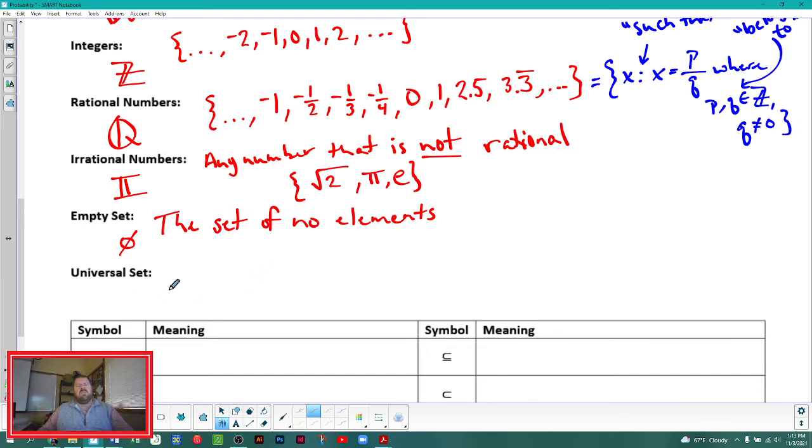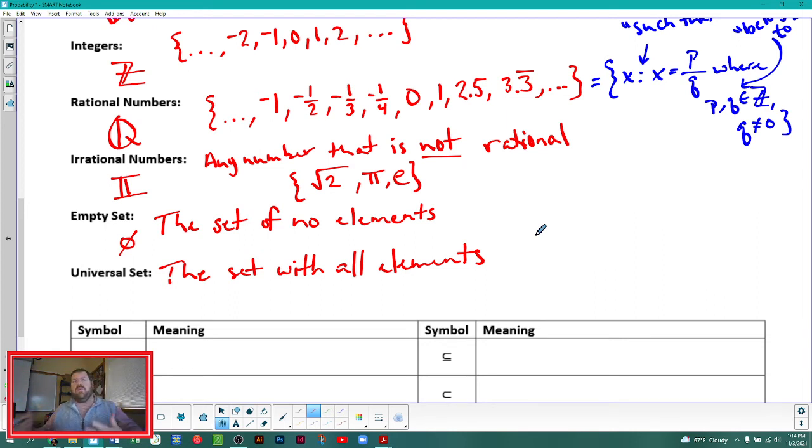The universal set, which can realistically change based on what you're thinking about, what you're working with, is the opposite of the empty set. It's the set with all elements. As I said, this can change based on what you're trying to work with.